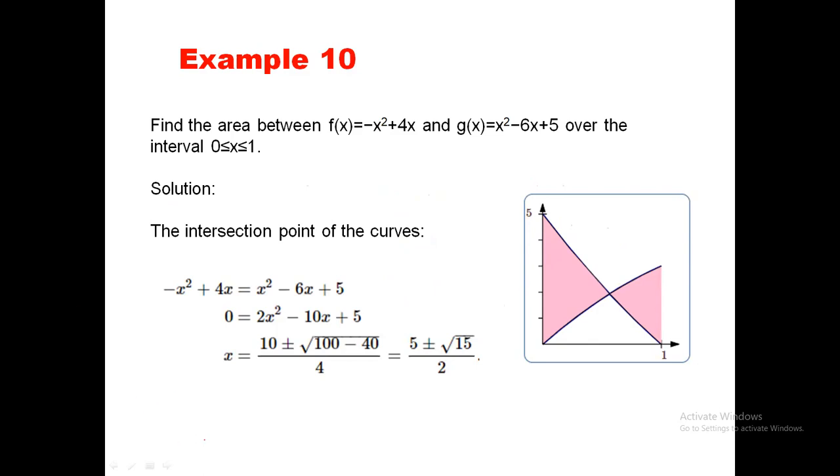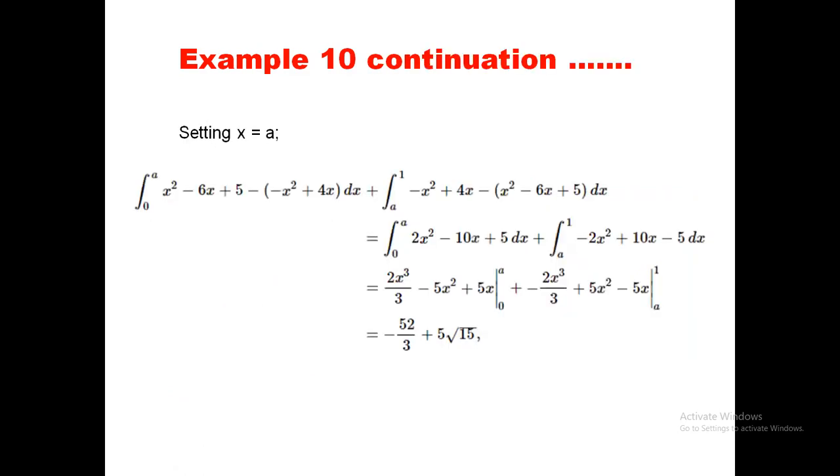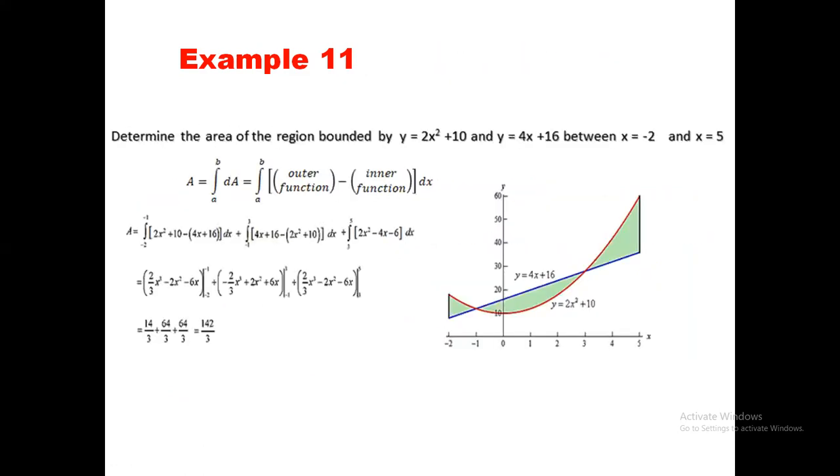Okay? Now, the last two examples here, class, are actually similar to the one that I have shown to you, wherein you are to determine the areas of three different sections. So you have one section here, two section here, three section.